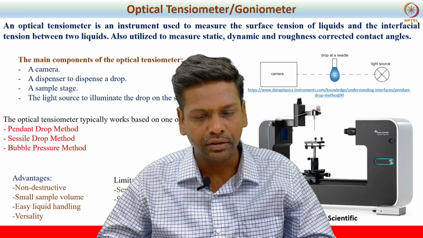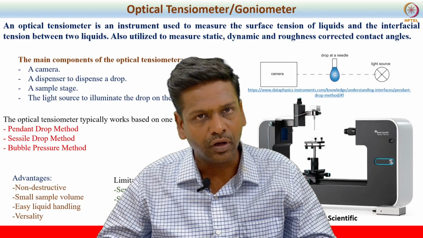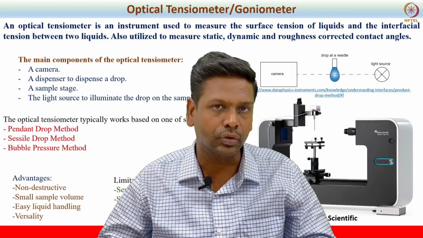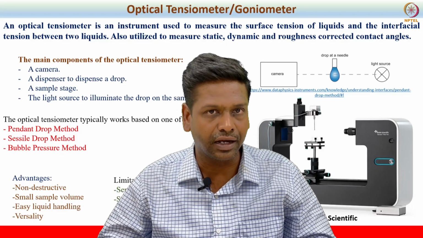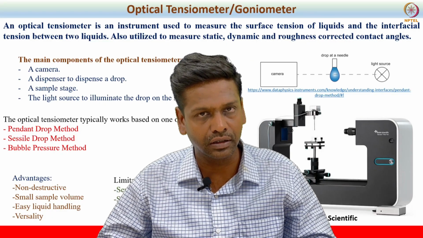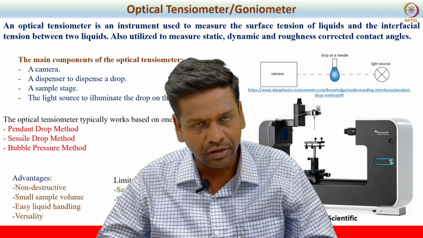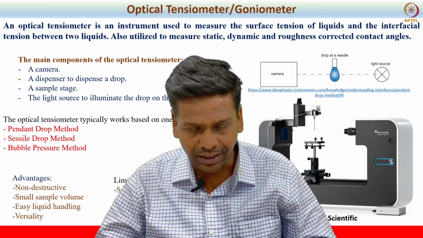Sometimes the optical tensiometer is also called a goniometer. In the Greek language, gonio means angle and meter means measure, so collectively it is called a contact angle meter.